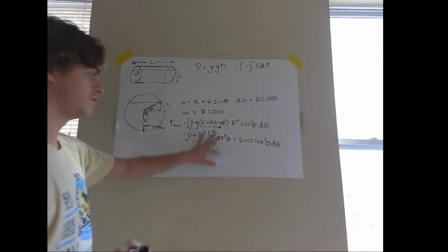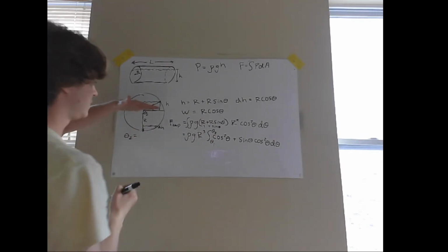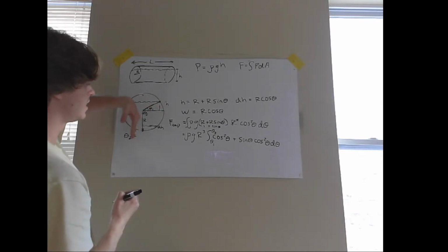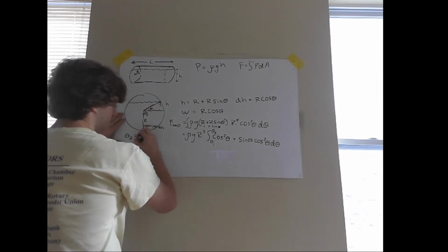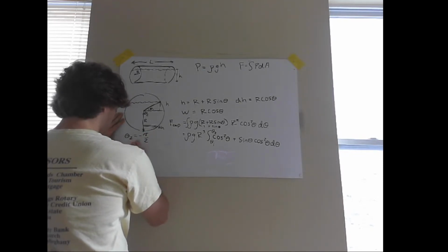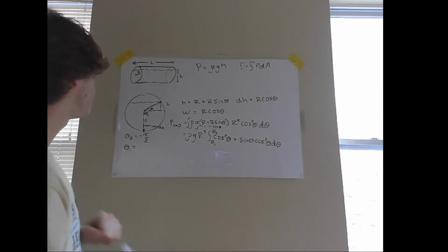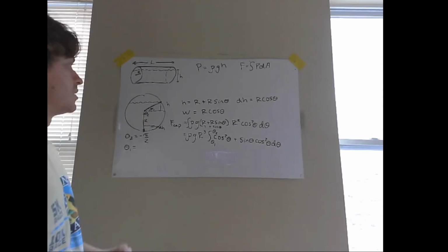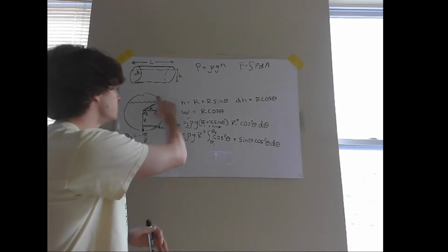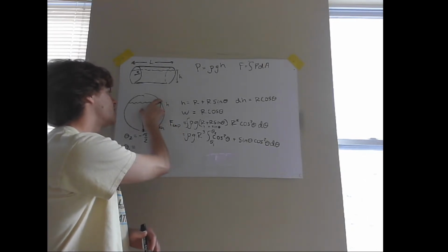And now for the actual values of these, theta 2 is easy. It's just from 0 degrees down to negative 90, so it's just negative pi over 2. And then for theta 1, it's going to be a little different. We can come back to our trig identities, using the opposite side over the hypotenuse.